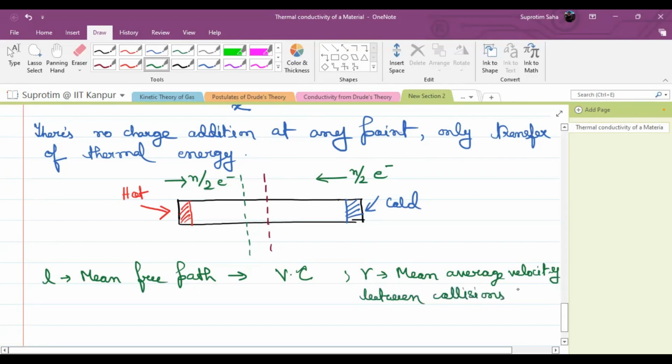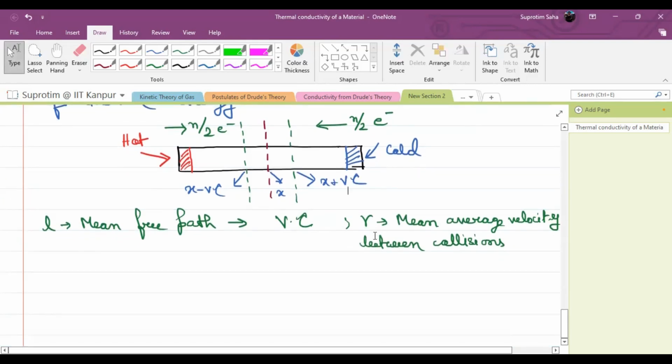So, for an electron, at a point that is x minus v tau, this is x minus v tau, this is x, and let's draw a point further away, this is x plus v tau. Slowly we will get into this. So, consider an electron at a point that is at v tau distance behind the point x.